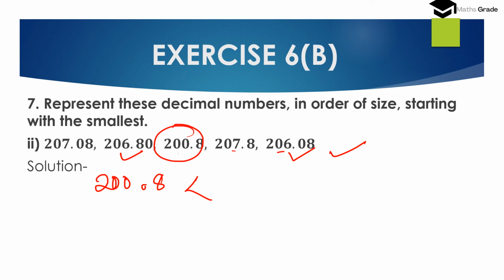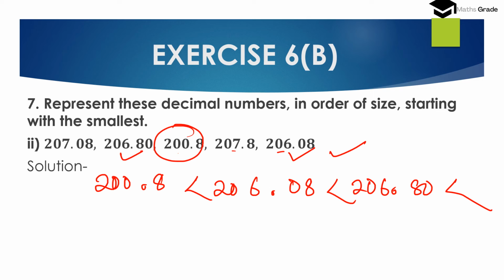So 206 point, here in the 10th place 8 is in the 10th place, and here in 206.08, 0 is in the 10th place. So 0 is the smallest digit. So 206.08 is the smaller decimal. Then 206.80 is the larger decimal.